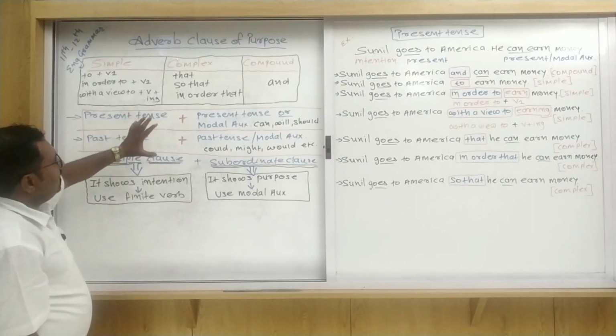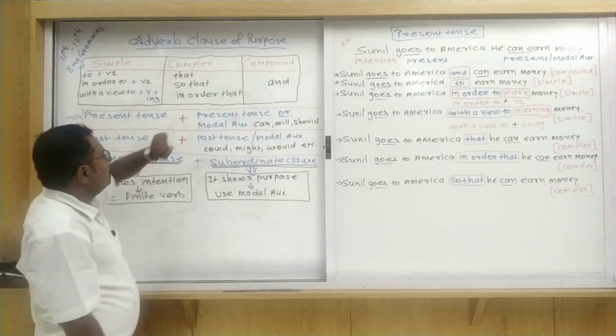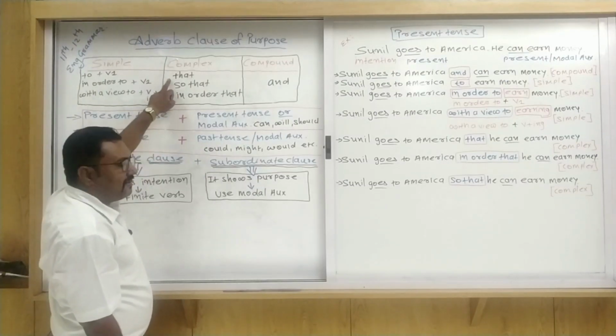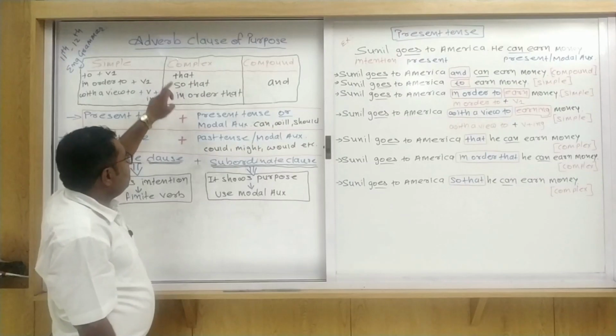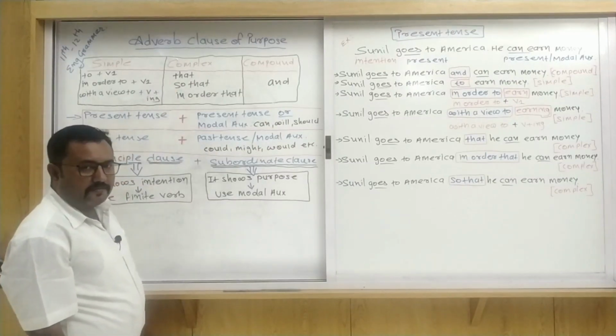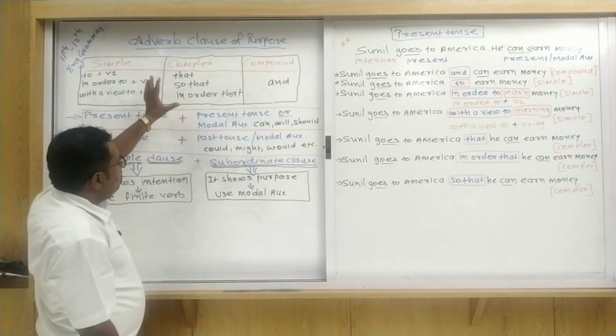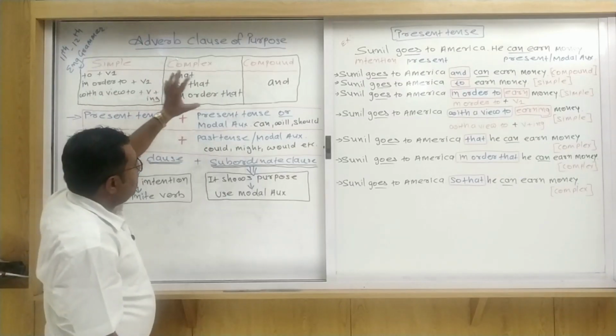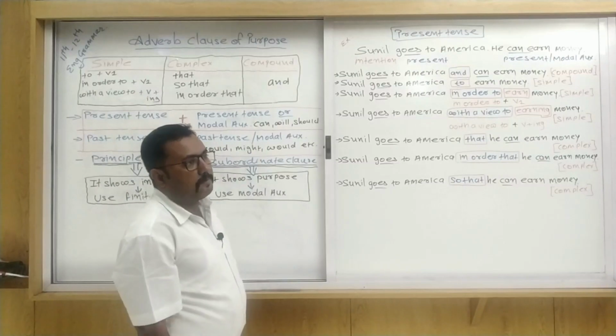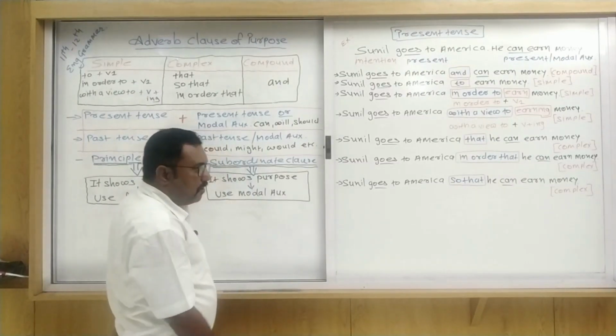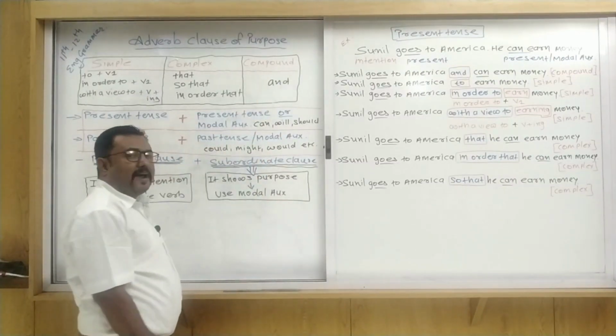In a complex sentence, as a conjunction we can use that, so that, and in order that. We can use any of the three conjunctions, okay. And the last one is the compound sentence. In a compound sentence we use and.